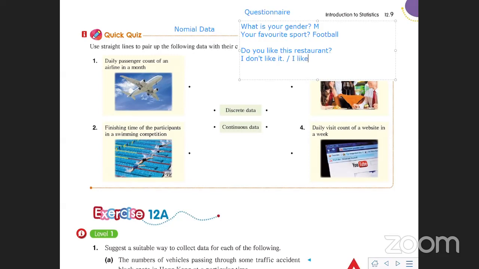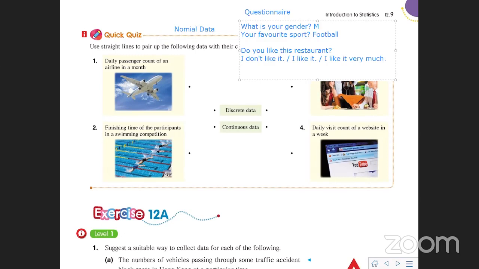I like it. I like it very much. This one is also a kind of nominal data. It is not a number.